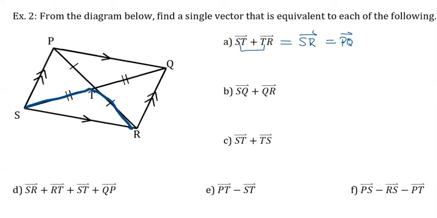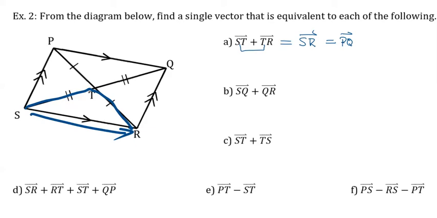Vector ST has a magnitude and a direction, but you can pick it up and put it wherever you want. So because PQ and SR have the same magnitude and the same direction because they're parallel and we went the same direction, they're equivalent vectors.